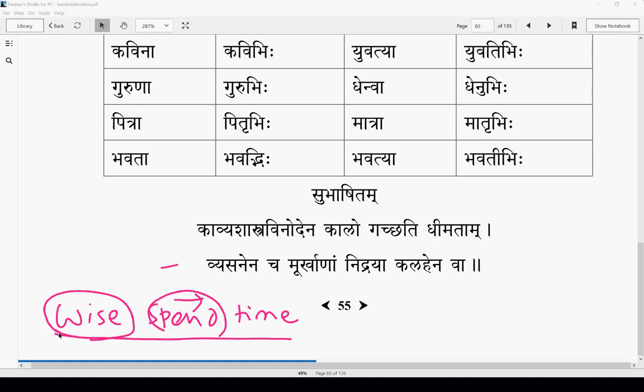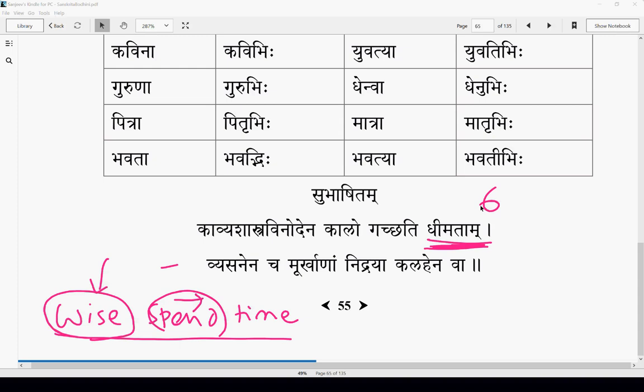So if you want to literally look at the Sanskrit word for wise, this is because you are putting English, in the English you are putting subject here. In Sanskritam it should be in what vibhakti? Prathama. Dhimatam is the wise, right? What is the vibhakti we said here? Dhimatah. Shashti Bahuvachanam.